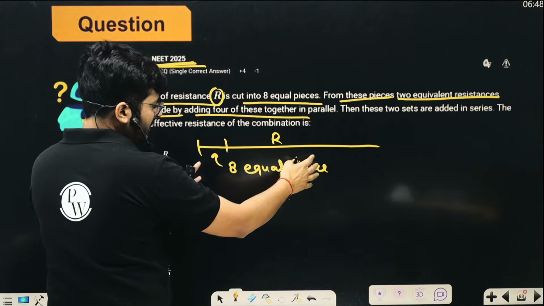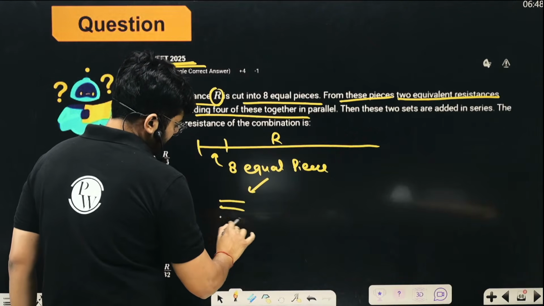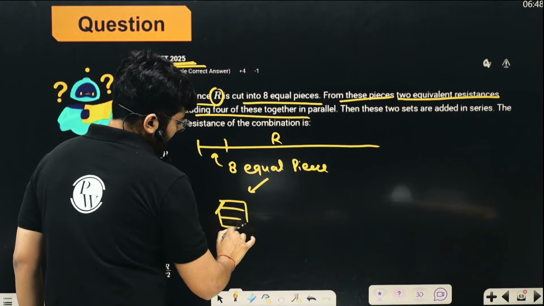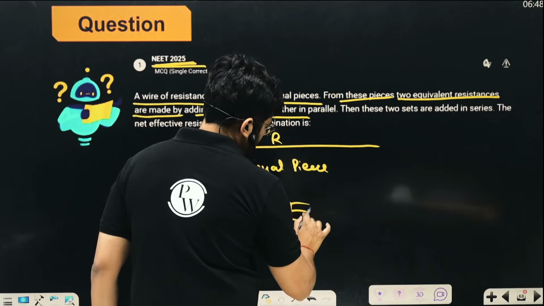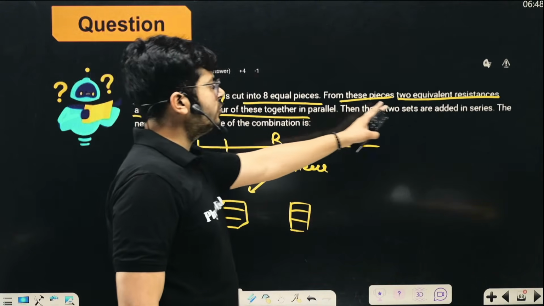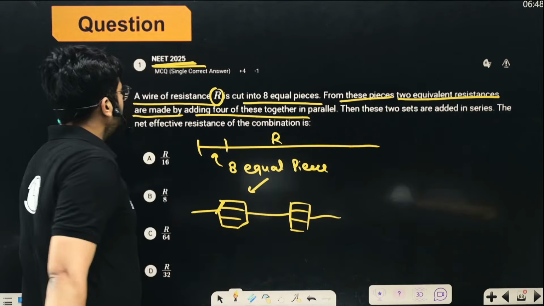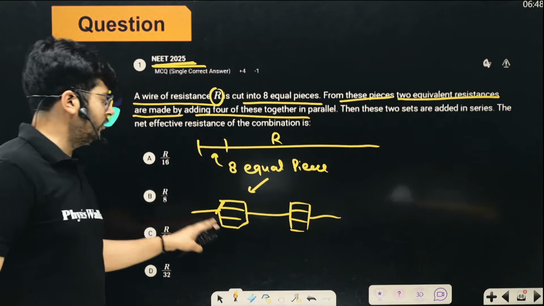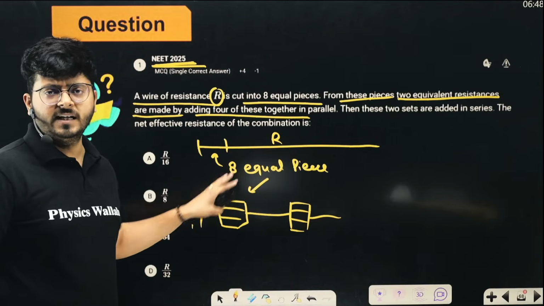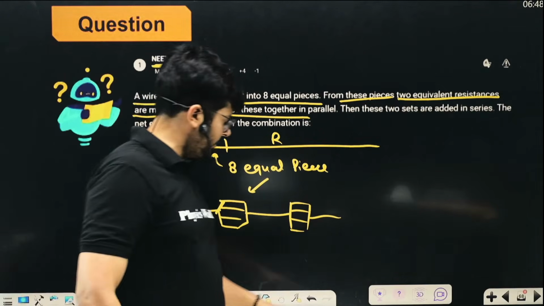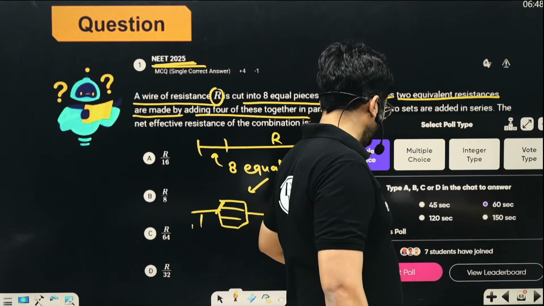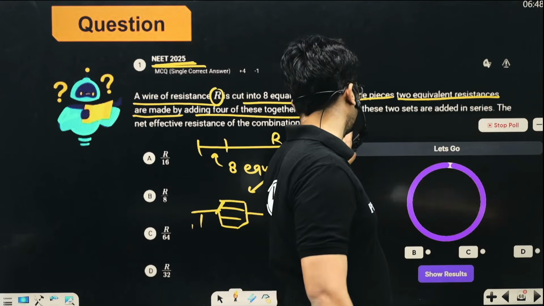So out of these 8 pieces, 4 wires are added in parallel like this, and 4 wires are added in parallel like this, right? Then these two sets are added in series, okay? What will be the net effective resistance of this combination? Very simple question, right? Anyone who can think the basic stuff can solve it.